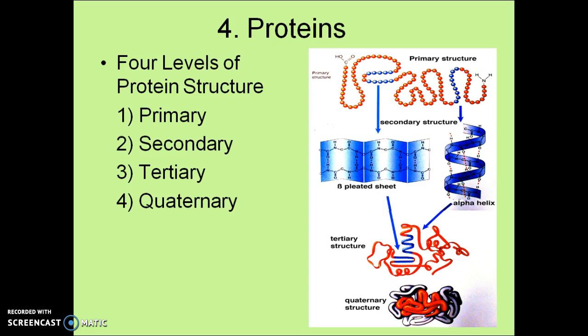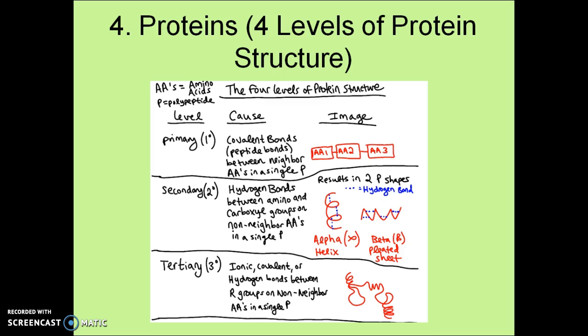Now, within proteins, we have 4 different levels of shape or structure: primary, secondary, tertiary, and quaternary structure. They work together to give the protein its ultimate shape, which determines its function. I'm going to get kind of in detail about the different levels of protein structure. The first level, the primary level, we can write primary with a 1 and a little 0 superscript.